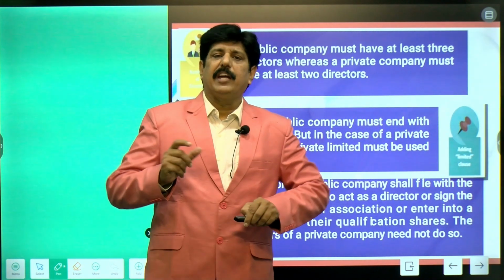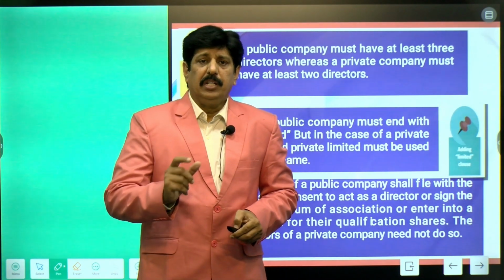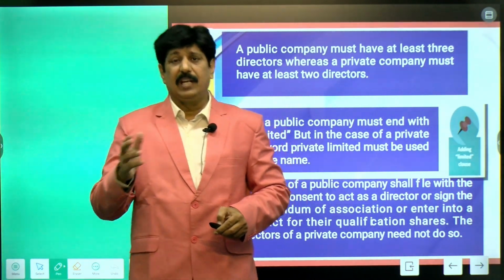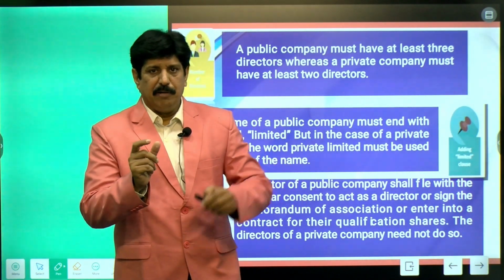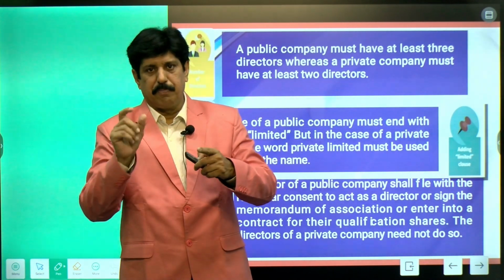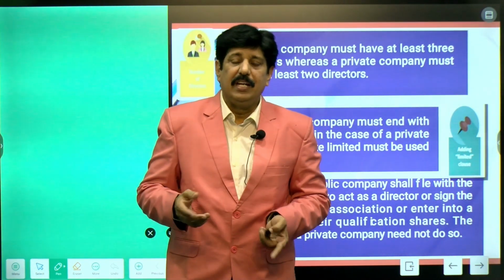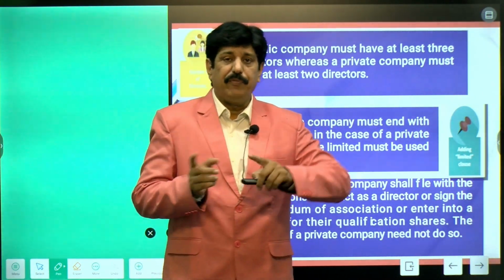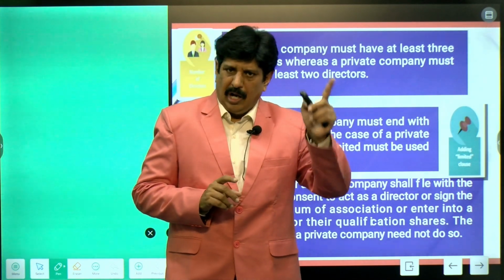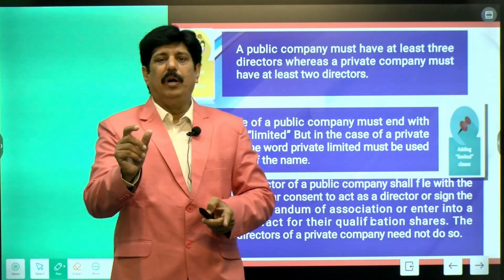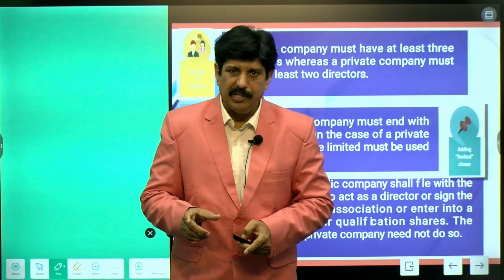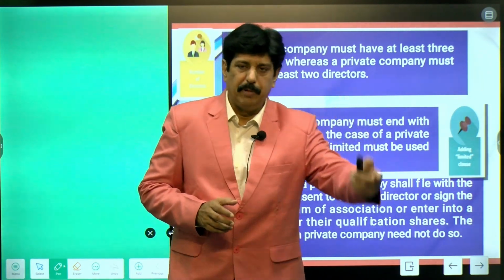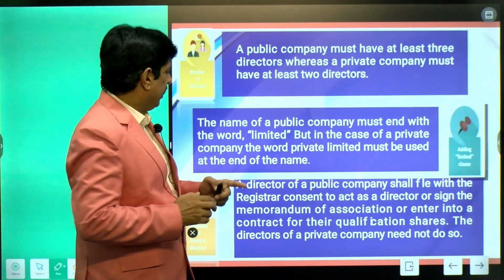You can observe that any private company is required to maintain, after its name, the words private limited. So where a company name is some XXX Private Limited, it clearly indicates that it is a private limited company. If it is a public company, after the company name, only the word limited is there. That is one kind of identification for the public company and the private company.